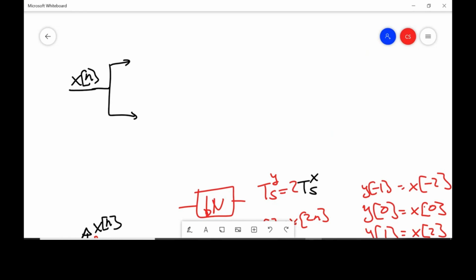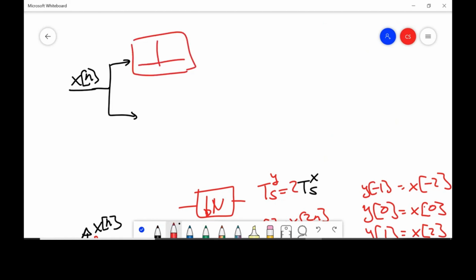So, what can we do before doing the downsampling? Apply a filter. Okay, so we apply a filter whose impulse response is a sensible. If we are doing the downsampling by a factor of n, what is a sensible cutoff frequency?